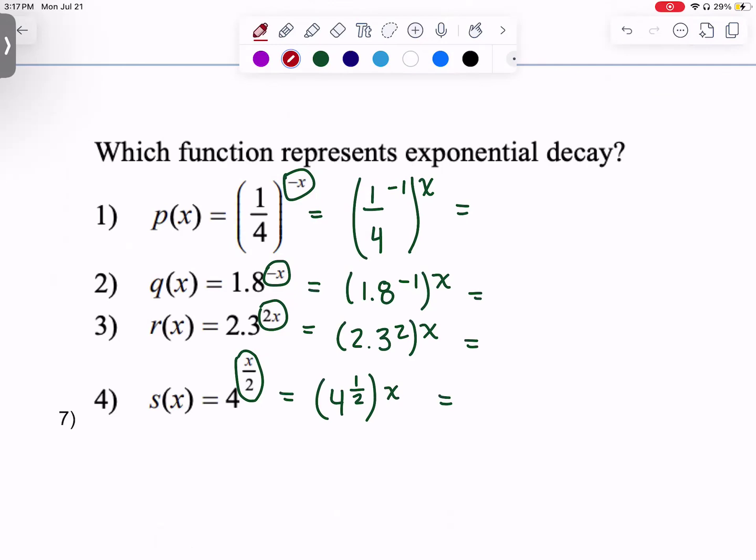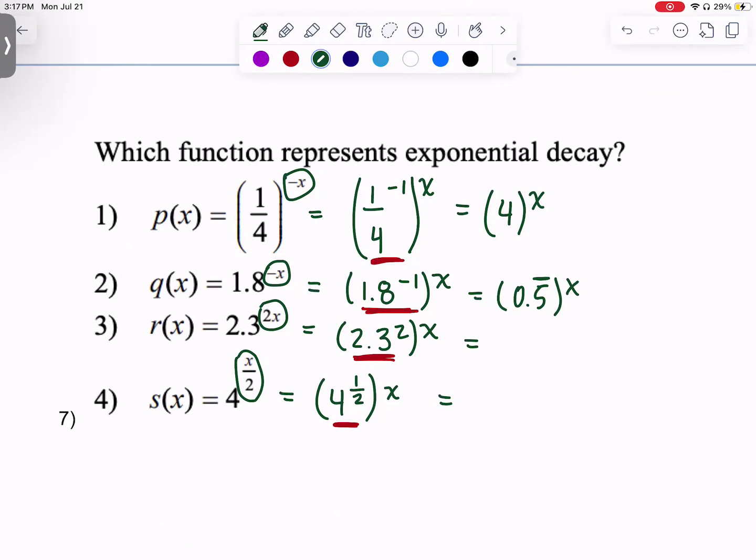Simplify each of those inner expressions on Desmos. Then raise them to the power of x and see which one is decay. 1/4 to the negative 1 is just 4. 1.8 to the negative 1 becomes 0.5 repeating to the power of x.